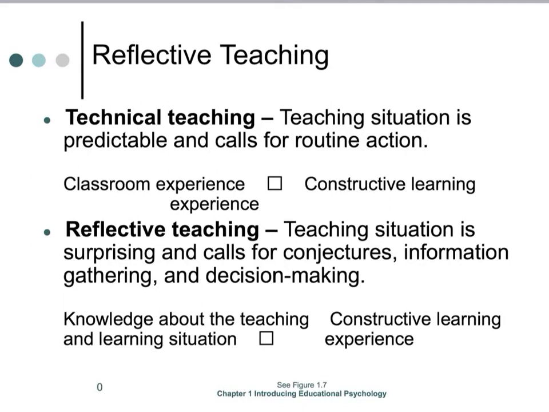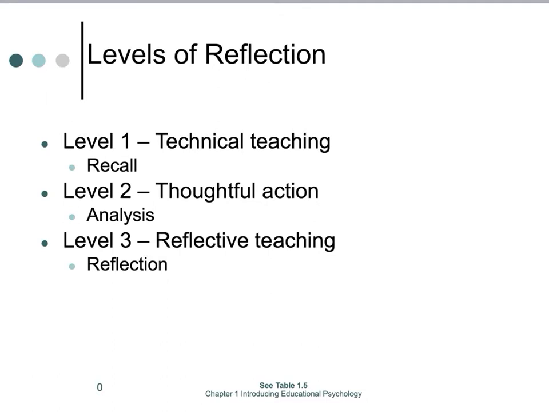And here's a little bit more information in terms of what that might look like. Classroom experience, constructive learning experience, knowledge about the teaching and learning situation, constructive learning experience. So there are three levels of reflection.